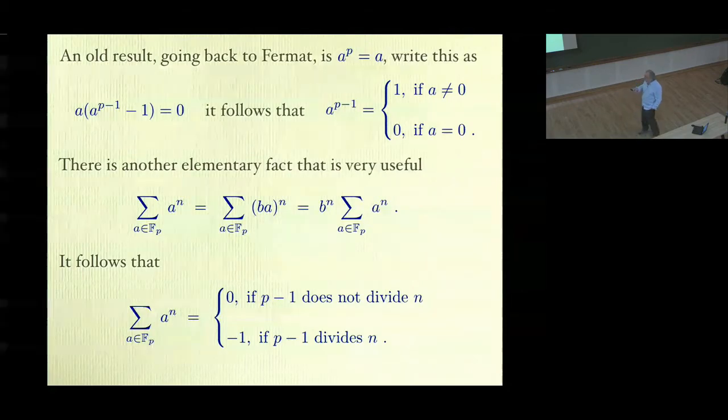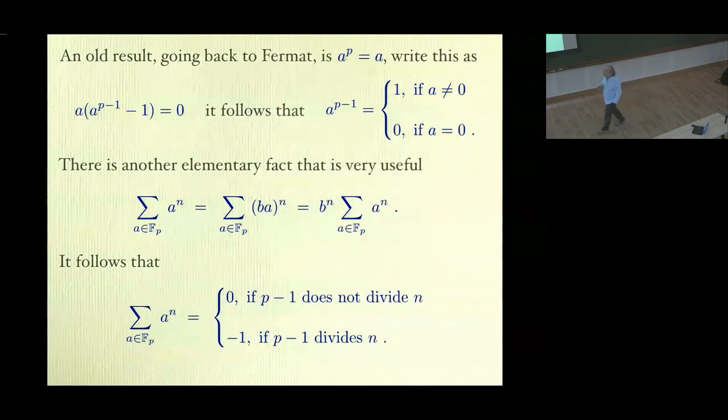So if you consider that a proof, then that's okay. If a to the p minus a is 0, and you rewrite it this way, it follows that a to the p minus 1 is 1 if a is not 0, and it's 0 if a is 0. So mod p, you take an integer, raise it to the power p minus 1, and if the number was non-zero, that number is 1 mod p.